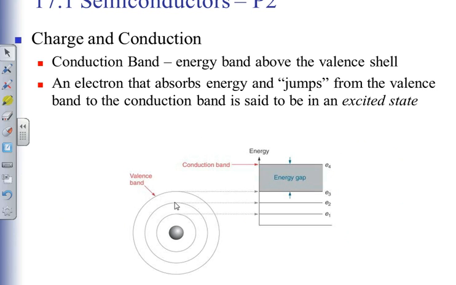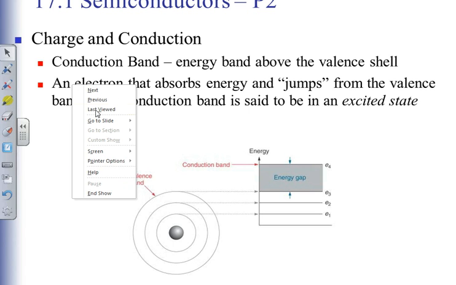There's an energy difference between each of the bands of electrons around the atom. As I get closer to the atom, I'm going to have more energy that I can release if I go further away, and it has to do with Coulomb's Law.